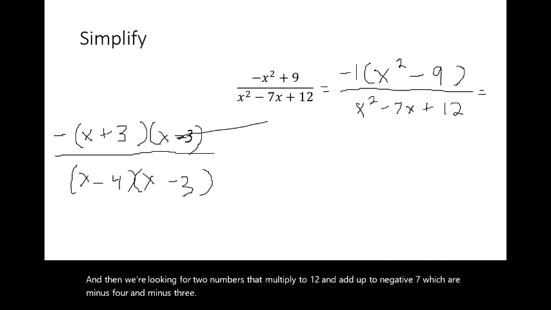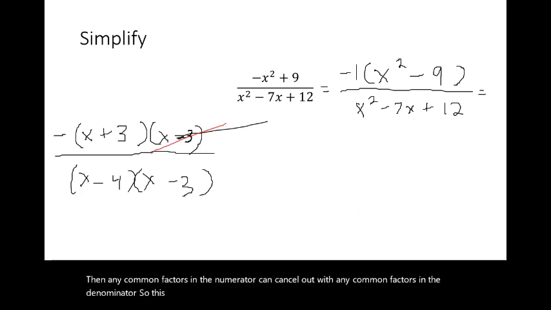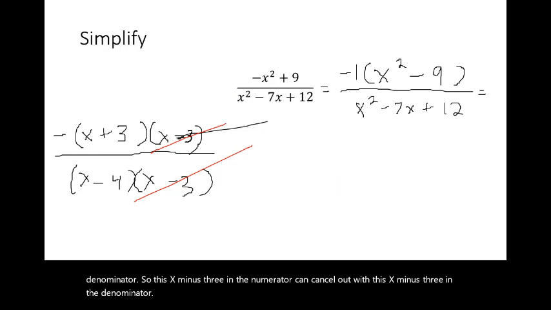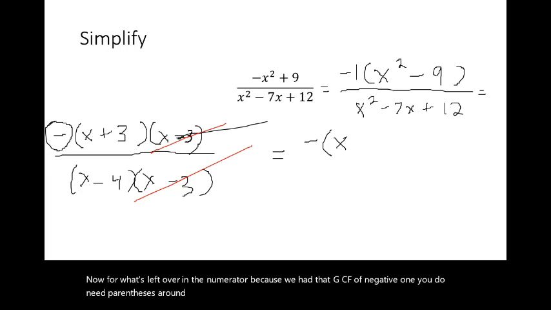Then any common factors in the numerator can cancel out with any common factors in the denominator. So this x minus 3 in the numerator can cancel out with this x minus 3 in the denominator. Now for what's left over in the numerator, because we had that GCF of -1, you do need parentheses around the numerator, so you do need to either leave it like this or distribute the negative.